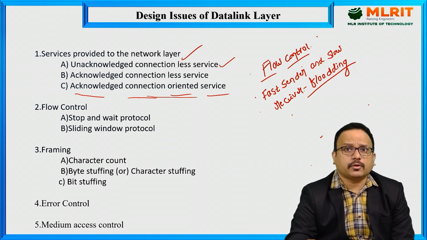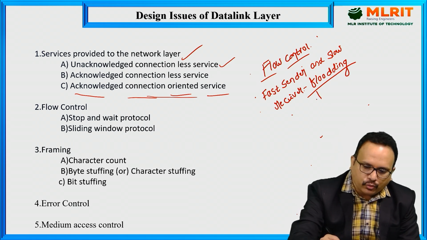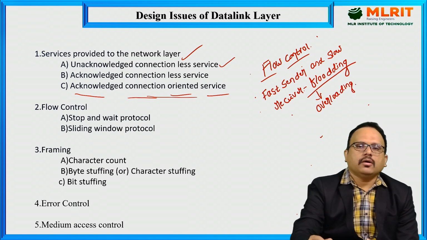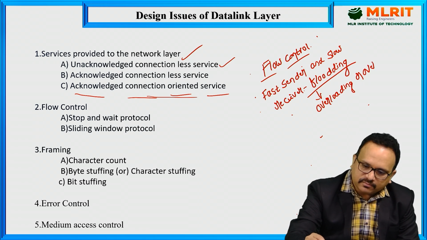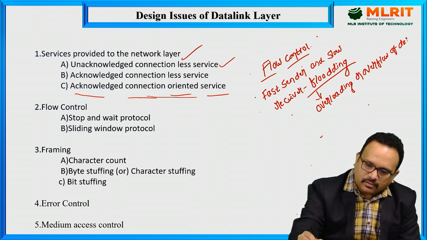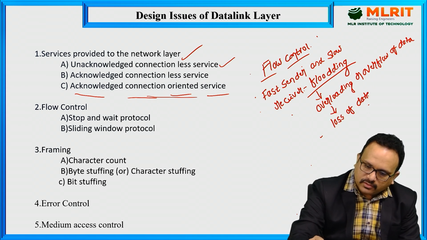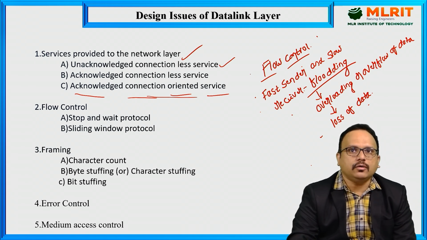What is the concept of flooding? Flooding results in overloading of data, or we can also call it overflow of data, which ultimately leads to loss of data. So these are the problems if we don't impose a mechanism called flow control.